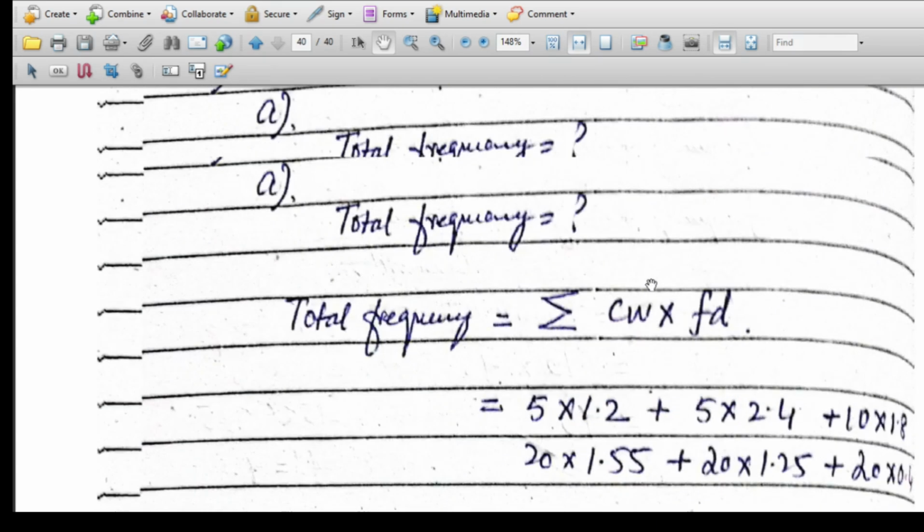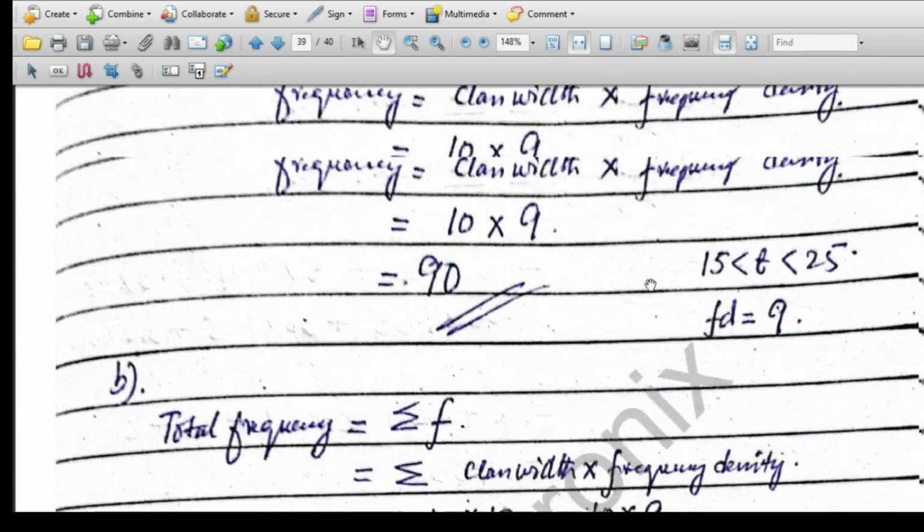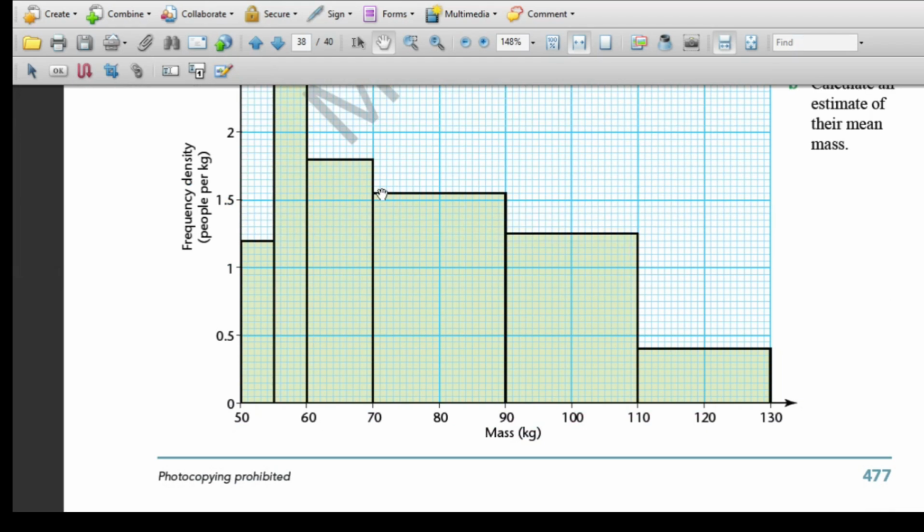So we will take a portion of this width and multiply. This is 79, so it should be around here.